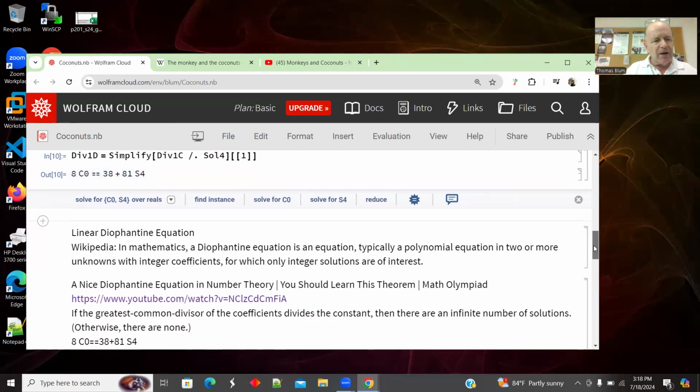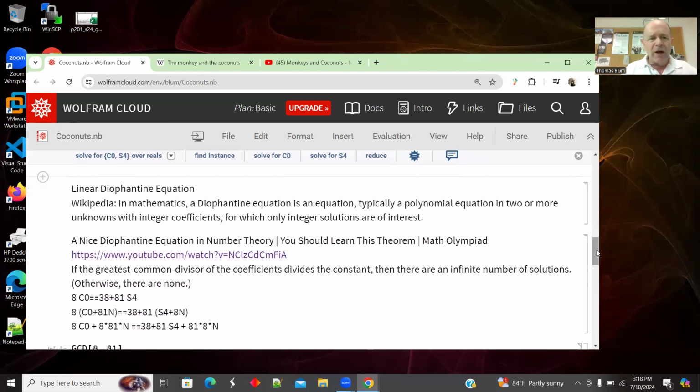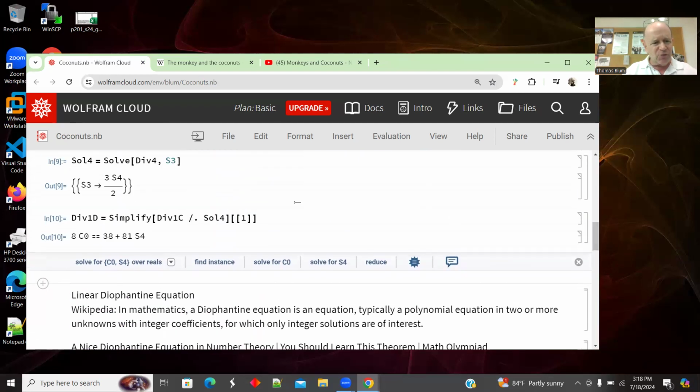Okay. Now, again, we want integer solutions. So this is a linear equation. The variables C0 and S0 only appear, we don't have any square terms, so it's a linear equation.